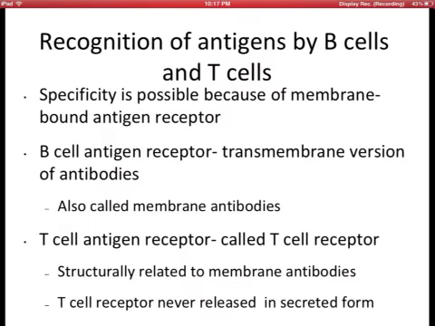Okay? Recognition of antigens by B cells and T cells. Specificity is possible because of membrane-bound antigen receptors. So, yun nga, MHC, ID. Antigen receptor, sila yung MHC. And then, nare-recognize sila, magkakaroon ka ng antigen MHC complex. B-cell antigen receptor, transmembrane version of antibodies. Yung mga hindi pa natatanggal, taga-ID sila, taga-identify. Also called membrane antibodies.